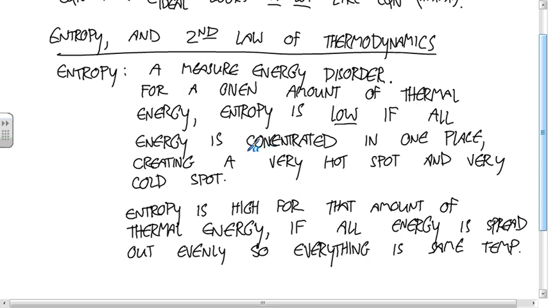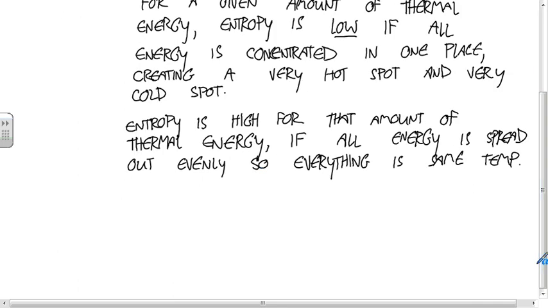So think of it in terms of heat engines, the stuff we've just been talking about. For a given amount of energy, something with low entropy is very useful for building a heat engine. It's very useful for getting work out of it, because the high temperature region can be the boiler, the low temperature region can be the condenser, and you can use that to generate useful energy.